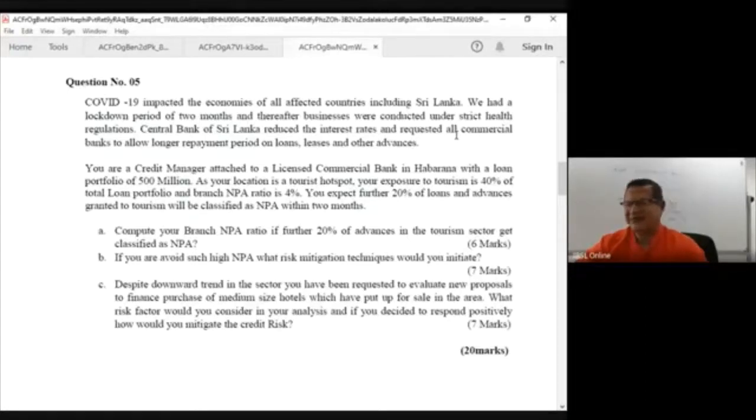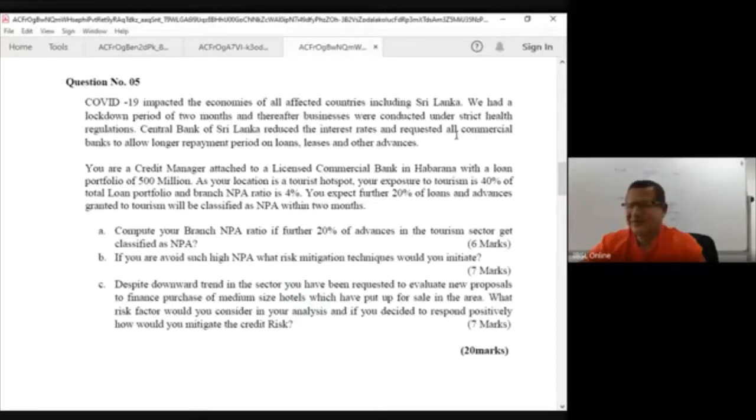Now you remember we talked about credit risk divided into 2 areas. We said counterparty risk, concentration risk. Here this is a case where both are involved, because you have your branches in Habarana, mainly businesses related to tourism.